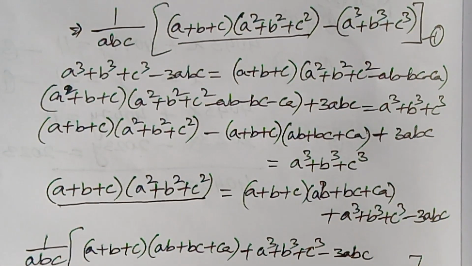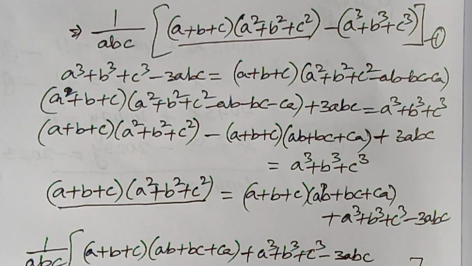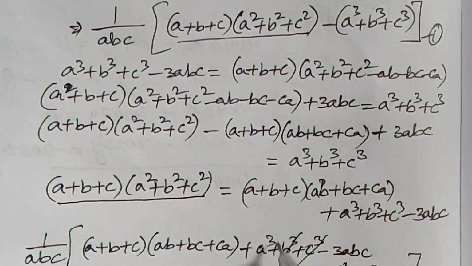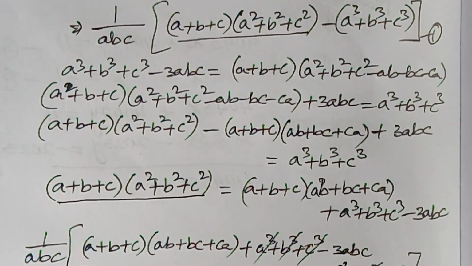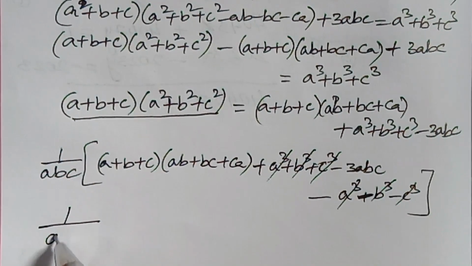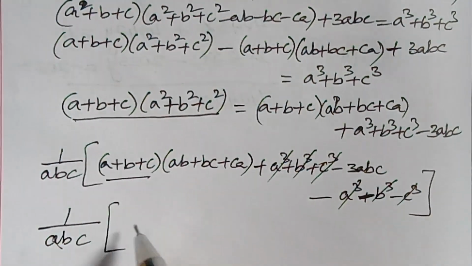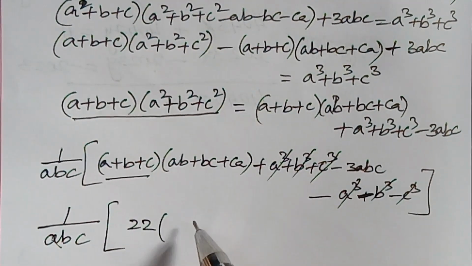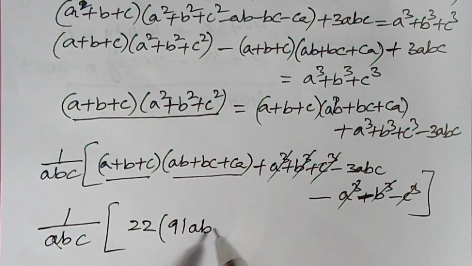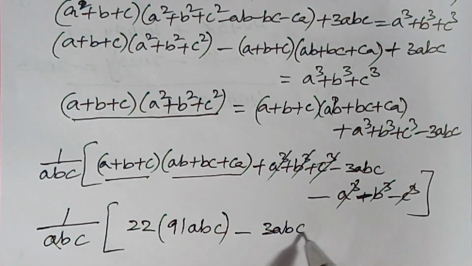So the a cube, b cube, c cube get cancelled. So 1 by abc into: a plus b plus c value is 22 and ab plus bc plus ca value is 91 abc, minus 3abc.